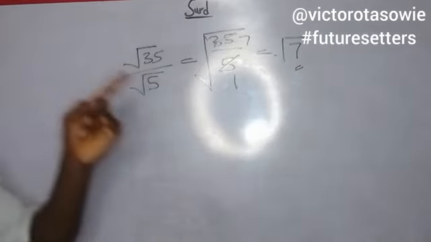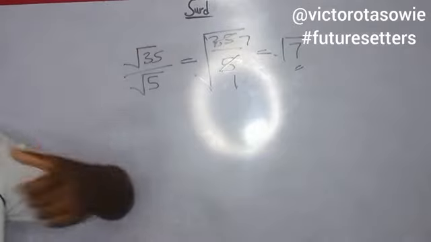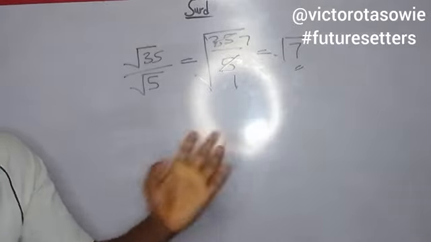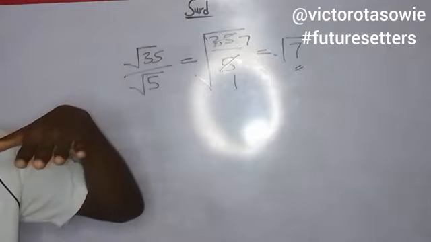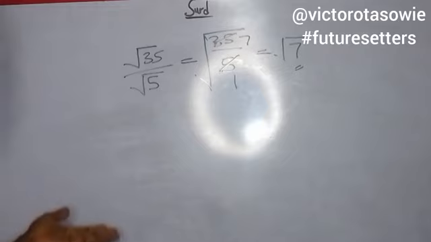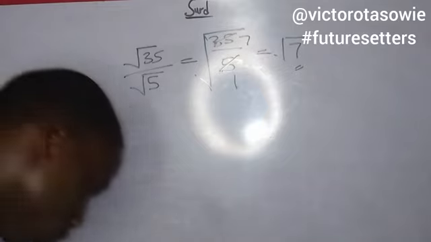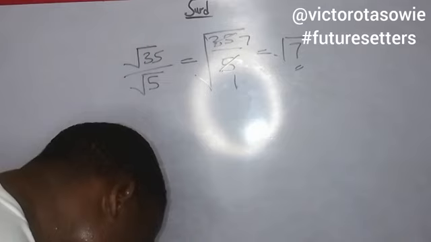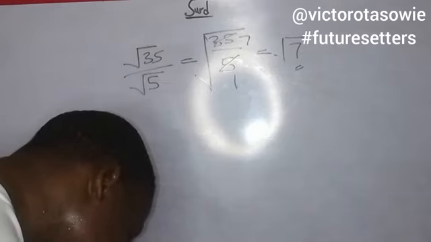Just know that when they are square roots, you can easily divide. But when the roots are not square roots, for example one is cube root and one is square root, you will find another way, which is possibly the laws of indices, to analyze questions like this. Then we have another question in this format. Let's try this question out.